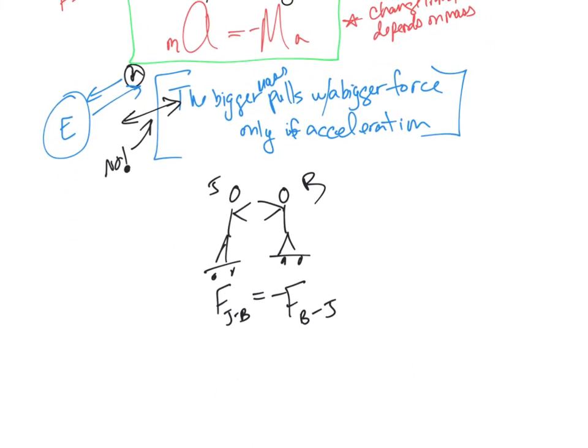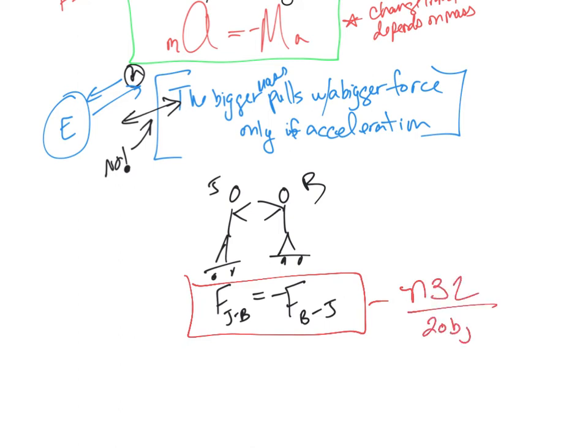Well, here's the thing. This is how you know. This is Newton's third law. It has two objects. When you're talking about who wins, you are looking at one object. So here is object 1. Here is object 2.